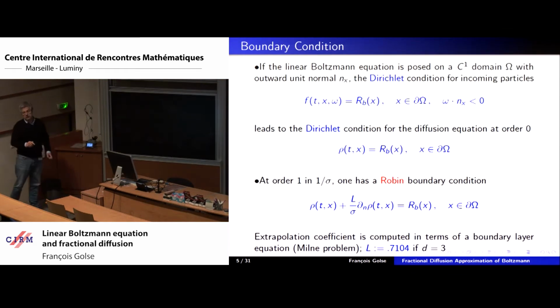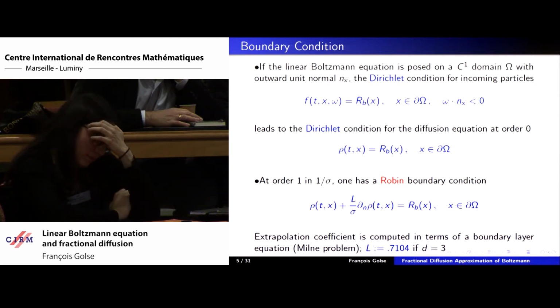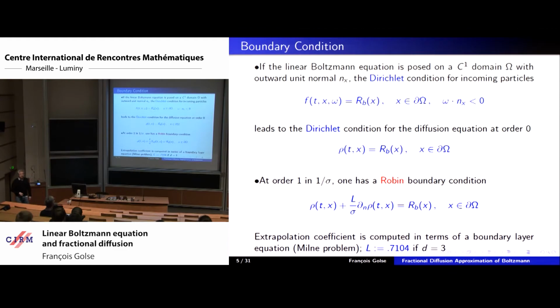But if you go to the next order in 1 over sigma, you can prove that the next order for the boundary condition would be a Robin boundary condition, meaning something that involves not only rho, but also the normal derivative at the boundary. This is a correction, so not surprisingly, it has a 1 over sigma factor in front.